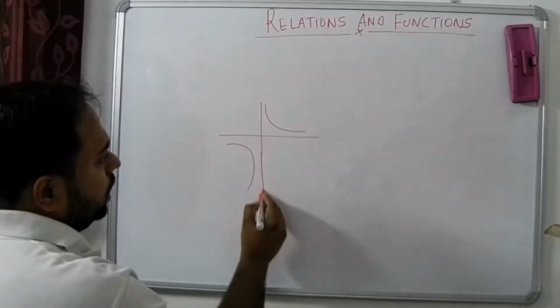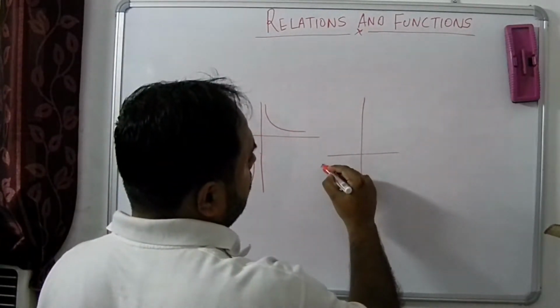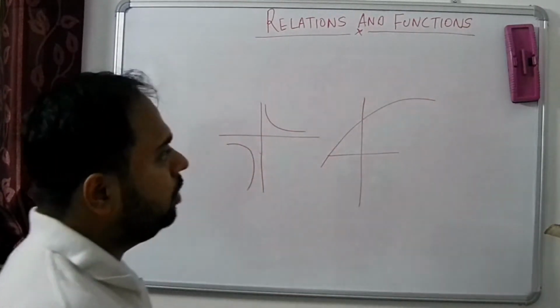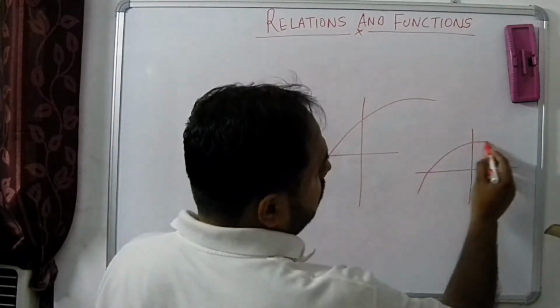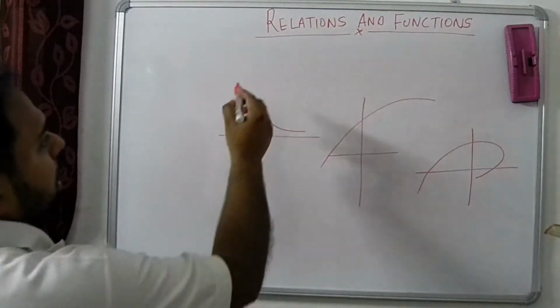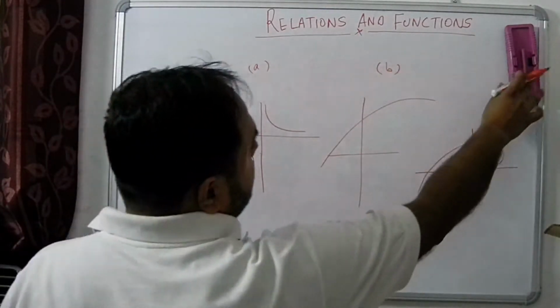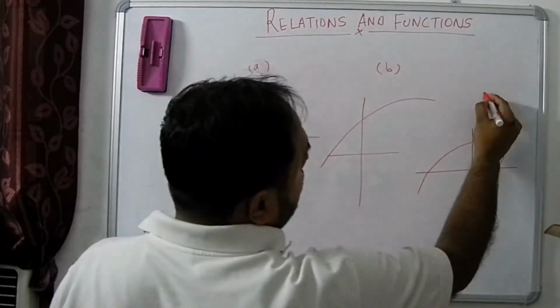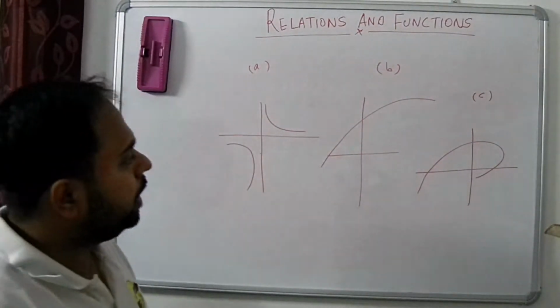One graph, the second is this graph, and the third is, say suppose, this graph, right? Which of these graphs, say graph A, graph B, and graph C, cannot be the graph of a function, right?